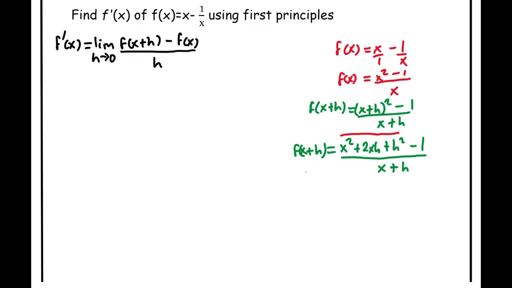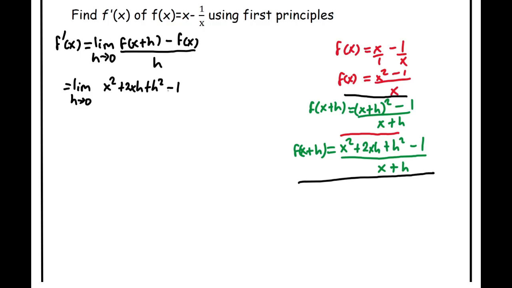Now, let's go ahead and plug in f of x plus h and our f of x. So this is limit as h approaches 0. Our f of x plus h is x squared plus 2xh plus h squared minus 1 over x plus h.